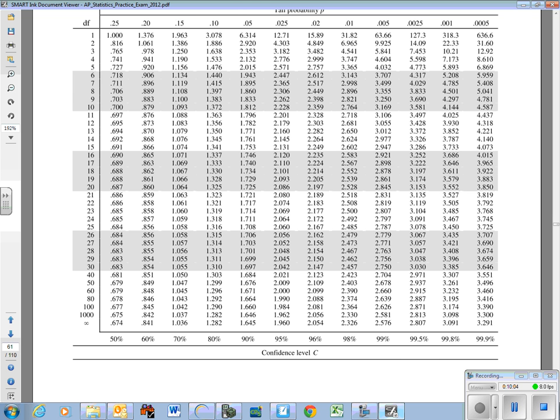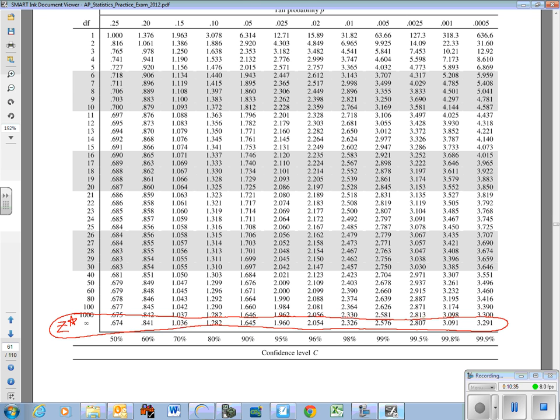This bottom line where the infinity is, we'll talk about why that's infinity and why the other lines are 1,000 and 100 when we start talking about means. But for proportions, this is Z star. You should have a textbook at home. Look in the front or back cover, I think it's in the back, maybe not, and find this table.